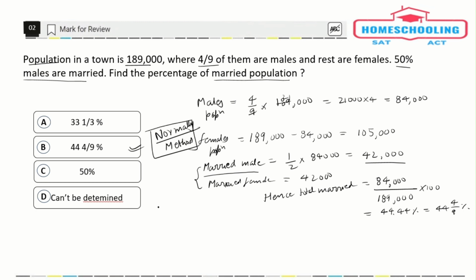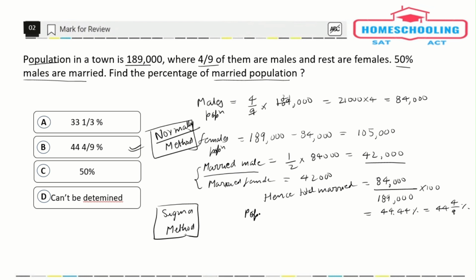Now I'll show you the sigma method, where you will not take these big numbers, as we attempted one question in part 1. So, sigma method. As we know, the male population is 4 out of 9.